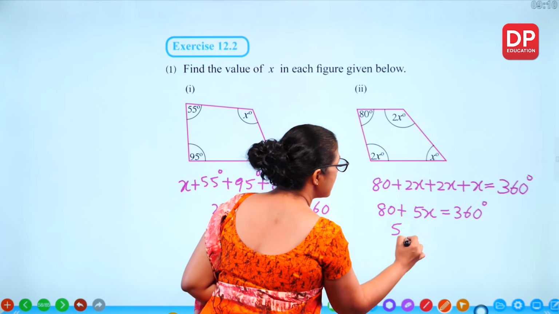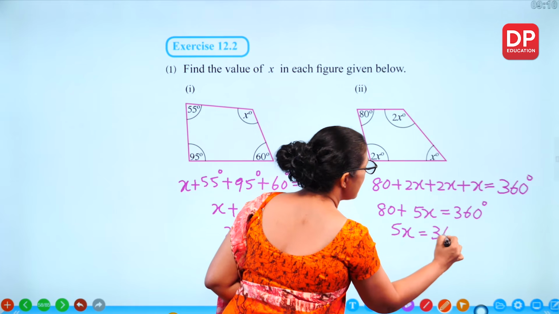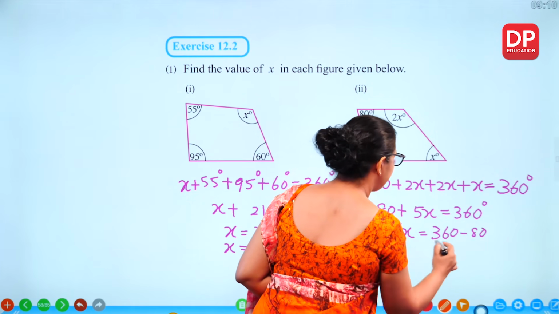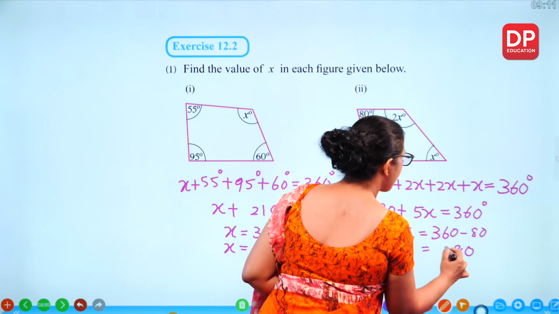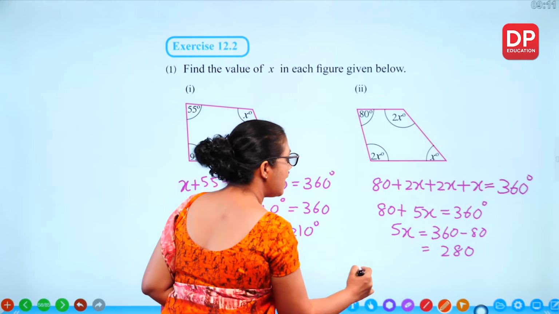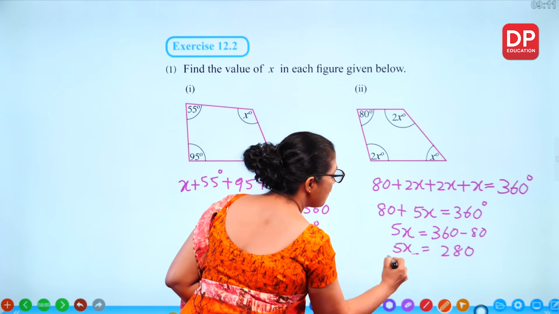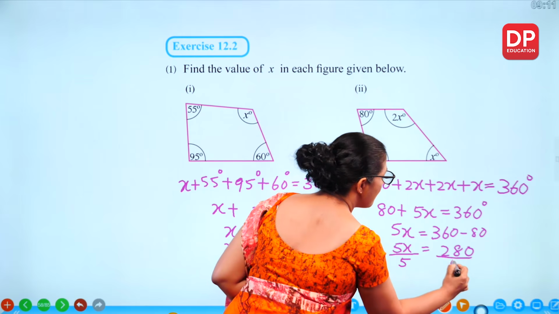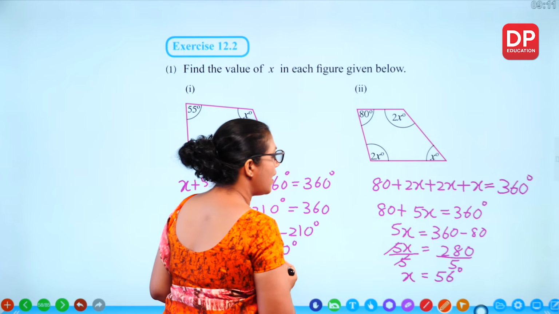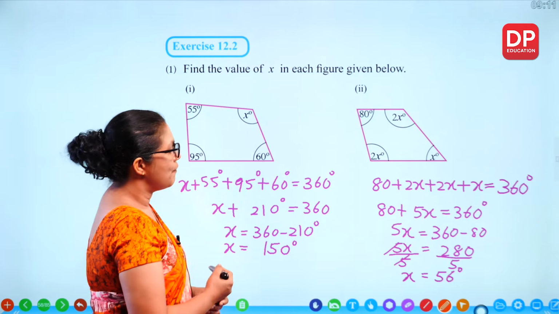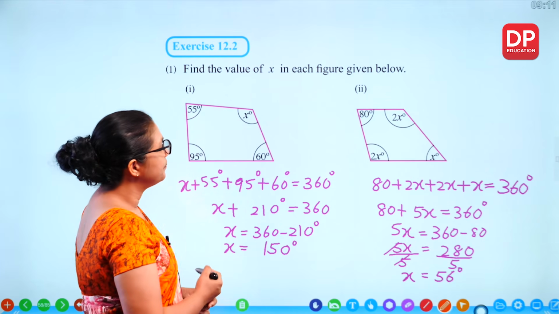So 5x equals 360 minus 80, 280. When you divide by 5, what's the x value? x equals 56 degrees.